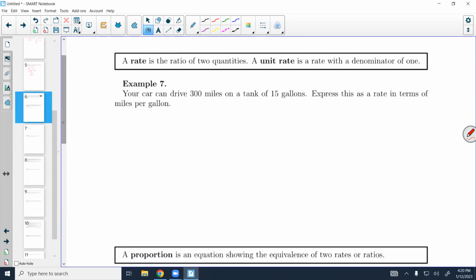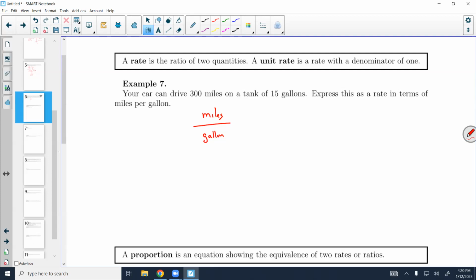The next idea we come up with is a rate and a unit rate. A rate is a ratio of 2 quantities. A unit rate is a rate with a denominator of 1. You can drive 300 miles on a tank of 15 gallons. Express this as a rate in terms of miles per gallon. So I want miles per gallon.